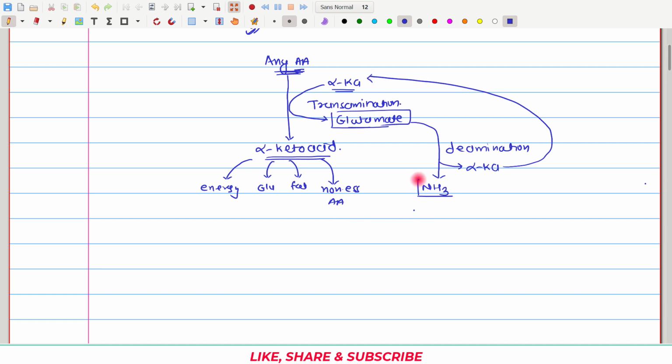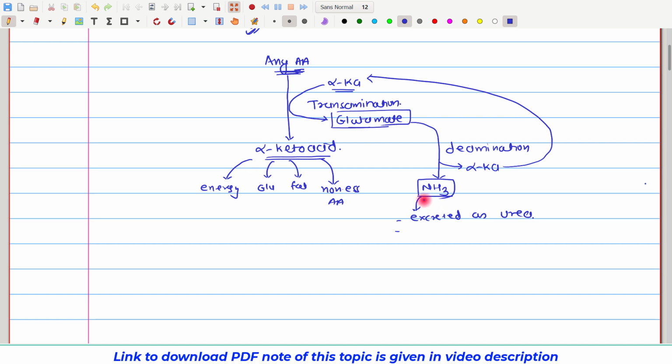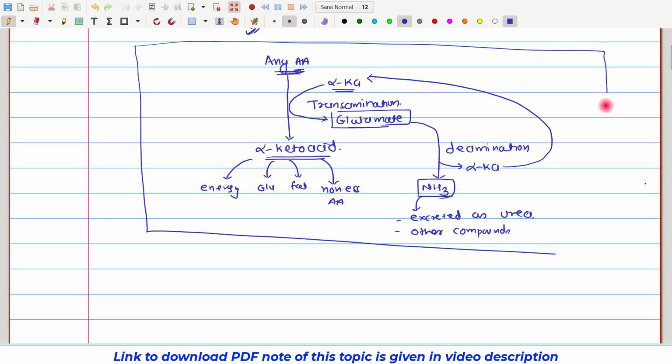Now, what happens to this ammonia? Most of the ammonia gets incorporated into urea and gets excreted, or this ammonia can get incorporated into other biologically useful compounds.